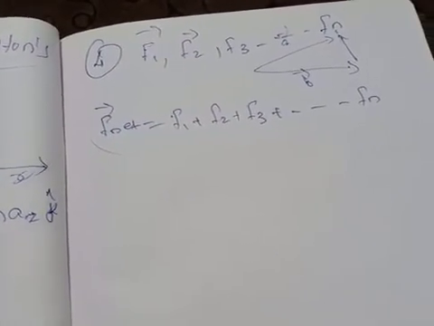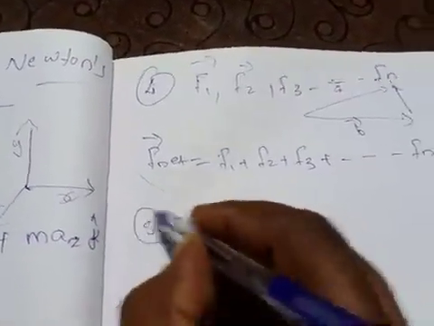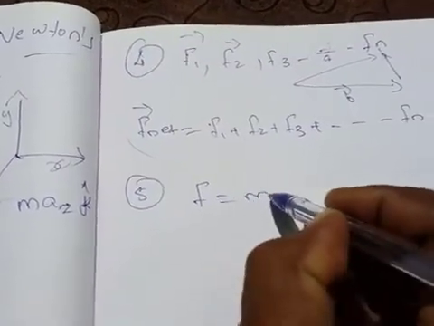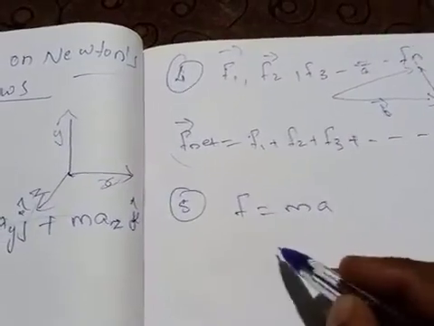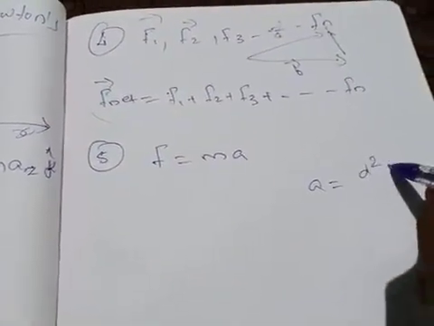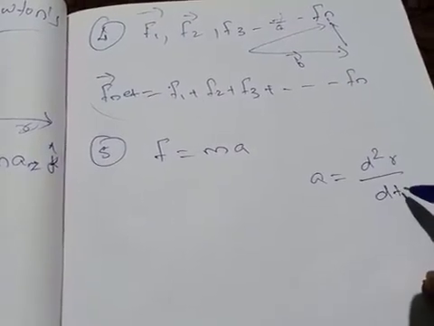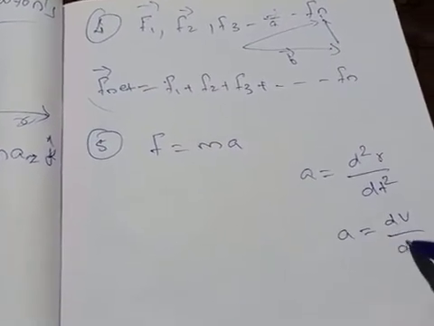The fifth discussion is Newton's second law, F is equal to ma. The same thing we can write using acceleration. We can use a is equal to dv by dt.